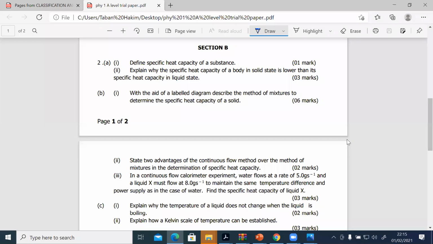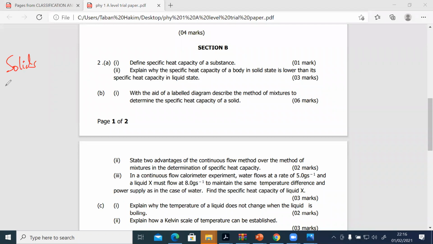In solids, the molecules are closely packed together, and then in liquids, the molecules are somehow spaced.